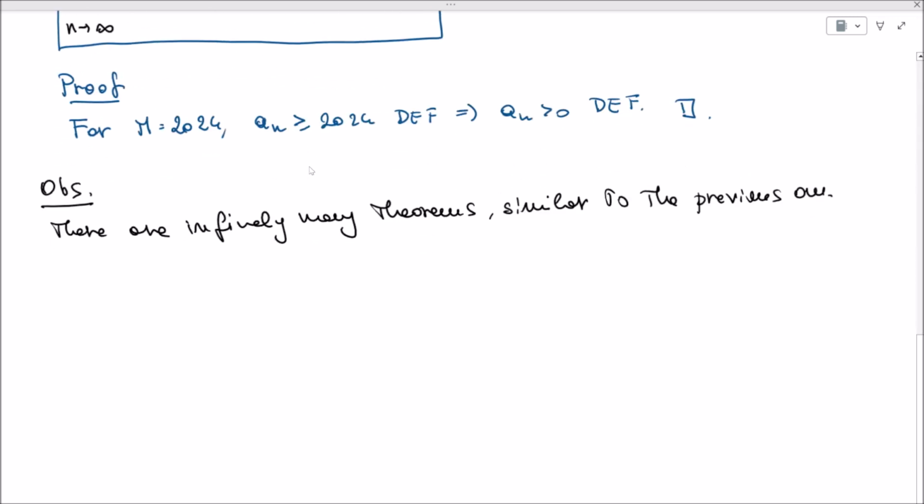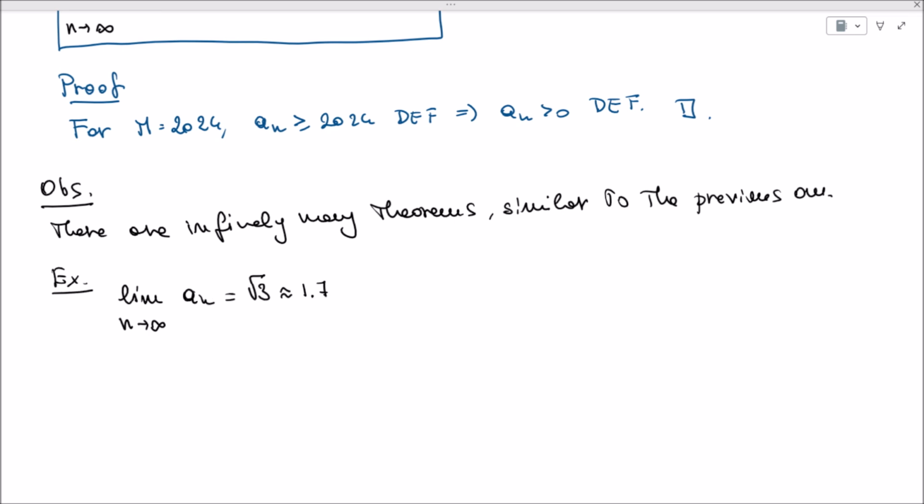For example, let's consider the following limit. Let's consider the limit of an for n going to infinity equal to the square root of 3, which is approximately 1.7.